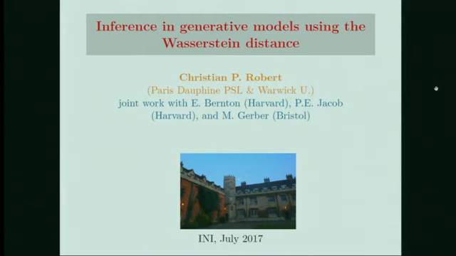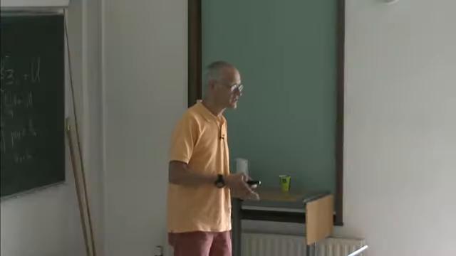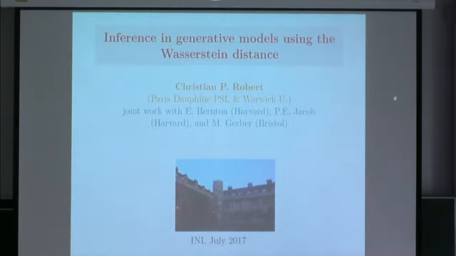So what I want to talk about is using Wasserstein distance in ABC, which was not the original plan on the program, but given that Paul exposed earlier the asymptotics of ABC, I didn't think you needed a repetition of that presentation.